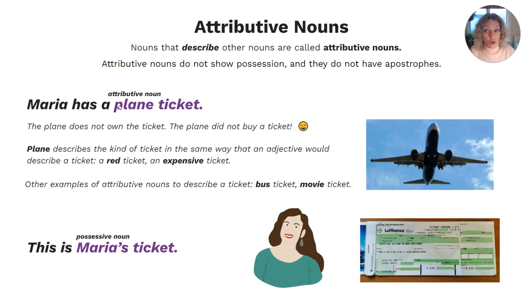When there's no apostrophe, it's an attributive noun, and you're just describing the type of noun. In the same way that an adjective describes a noun, you're using one noun to describe another noun.